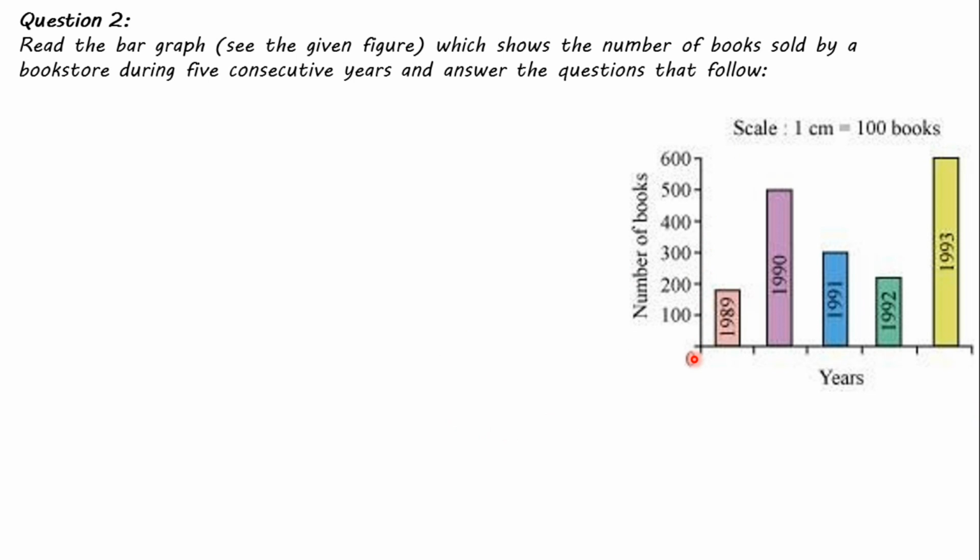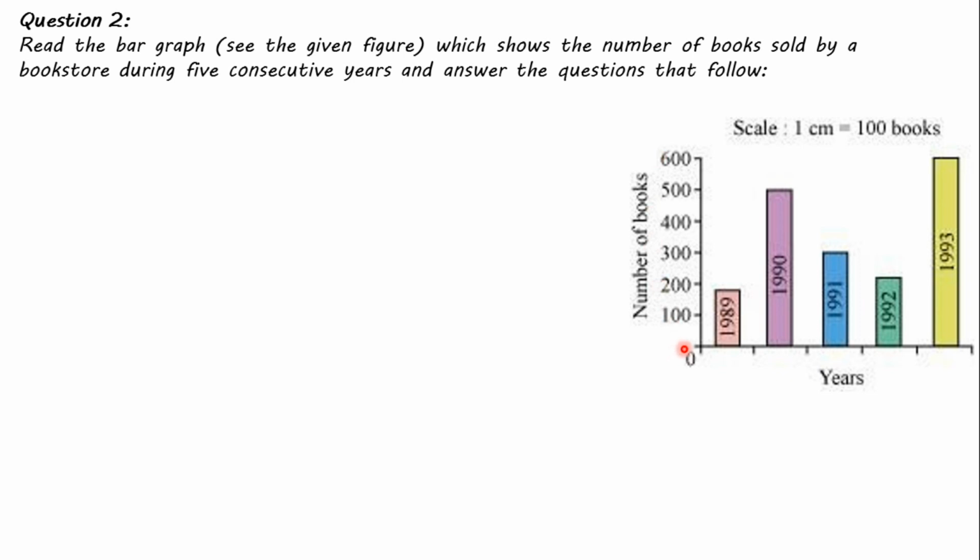Here if we notice this, the first point, which is also known as origin, represents 0. After this you can see that we have here 100, then 200, then 300, then 400, then 500 and then 600.